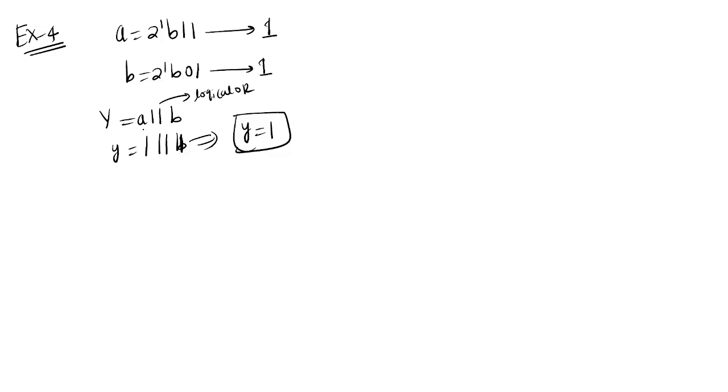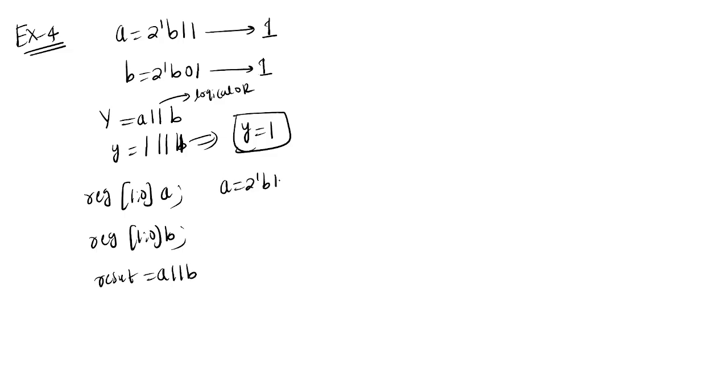Similarly, you can take like this. Same thing: reg [1:0] A, 2 bits, reg [1:0] B, 2 bits, and result equal to A logical OR of B. A you take as 2'b11, and B you take as 2'b10. This will be 1, true condition, this will be 1.